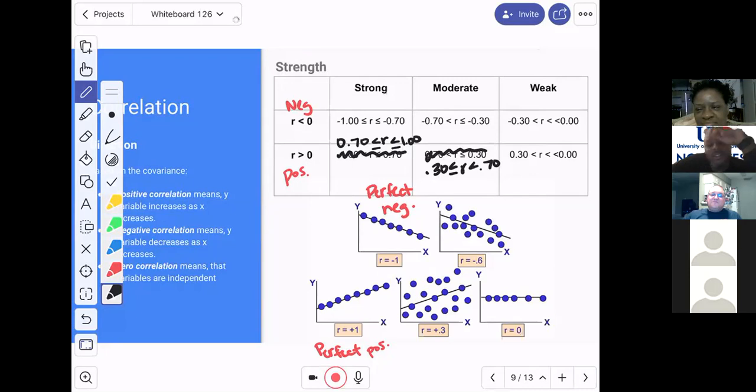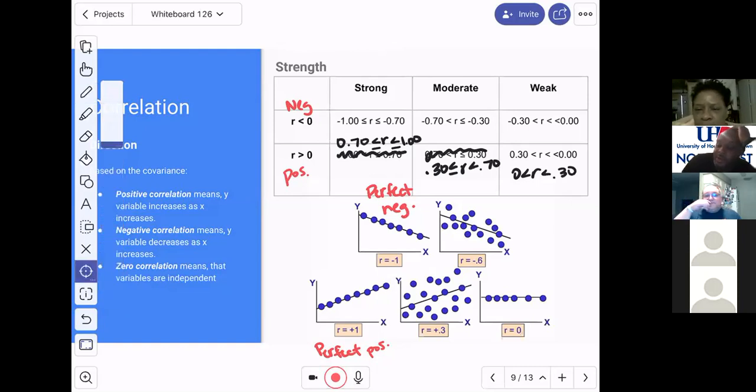And then the final one is if R is in between -0.3 and 0, or 0 and 0.3, we say it's a weak correlation, all right? Most of the time, when we come across real things in the real world, they're normally following this weak category, especially since we use correlation a lot for the soft sciences, like psychology.